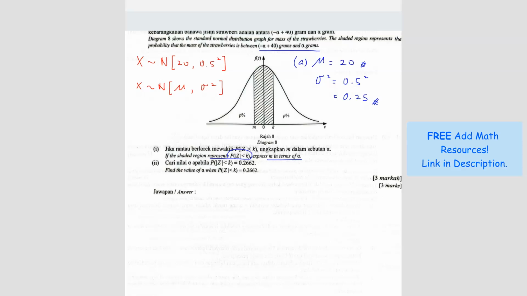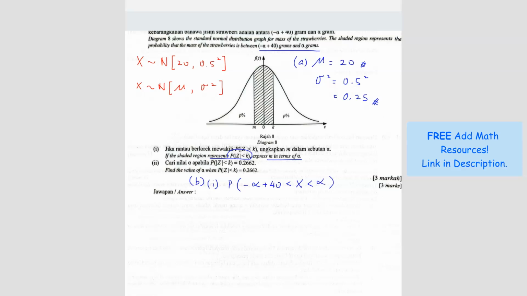Okay, so we can actually do this. We know that in terms of x, the shaded region is actually between negative alpha plus 40 and alpha. Okay, this is in terms of x.